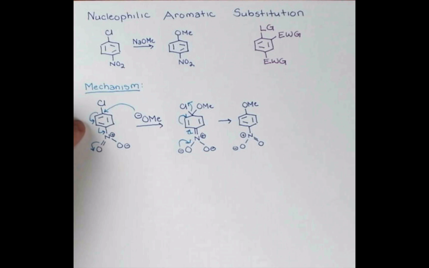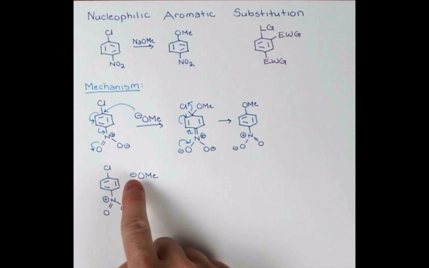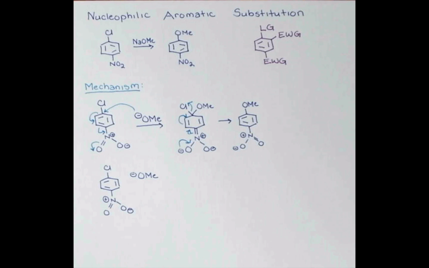Now, I showed this mechanism by pushing electrons through the entire conjugated system, but if that's hard for you to see, I recommend drawing your mechanism 2 arrows at a time. And let's just do that to break it down even a little bit more and make sure we have our arrow pushing correct. So taking it 2 arrows at a time, first our nucleophile will attack here, and then we'll have to move these electrons onto this carbon atom.